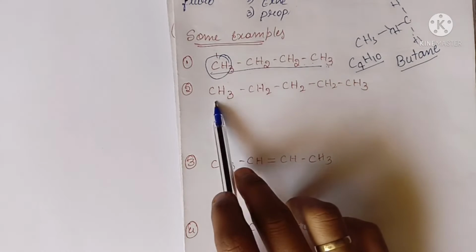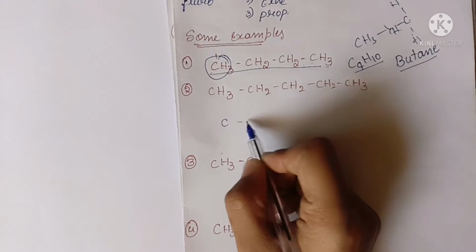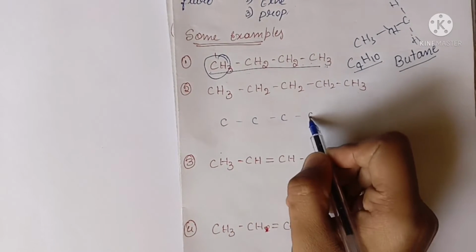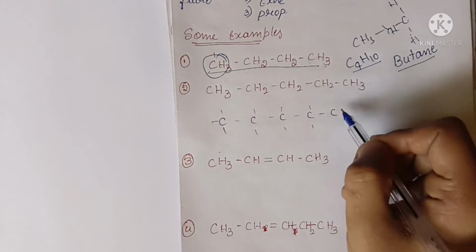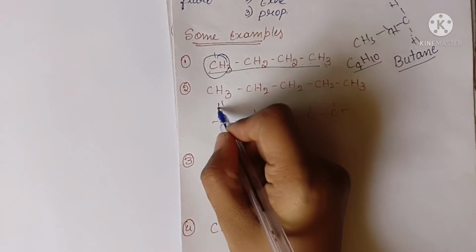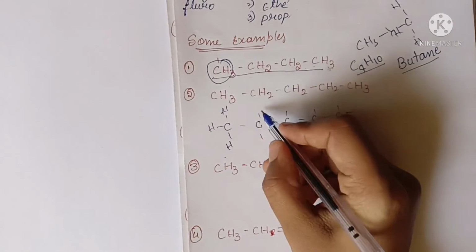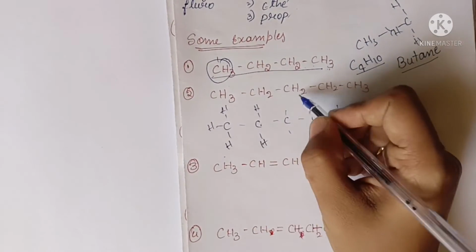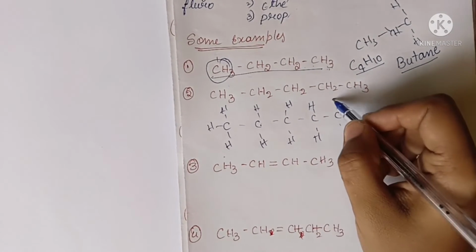In the second example, you can see here, you can write it like this, with a C for each carbon. How many carbons are there? CH3, CH2 with 2H, CH2 with 2H, CH2 with 2H and CH3.